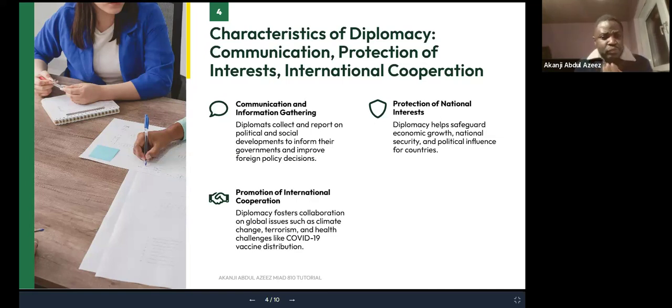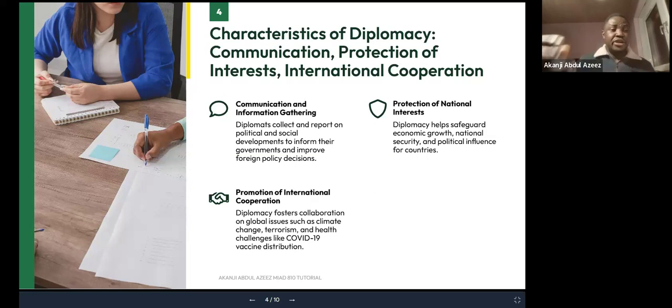National interest may include economic growth, national security, political influence, protection of citizens abroad. This can be national interest. Understand now? So their interests are represented and supported in international relations.